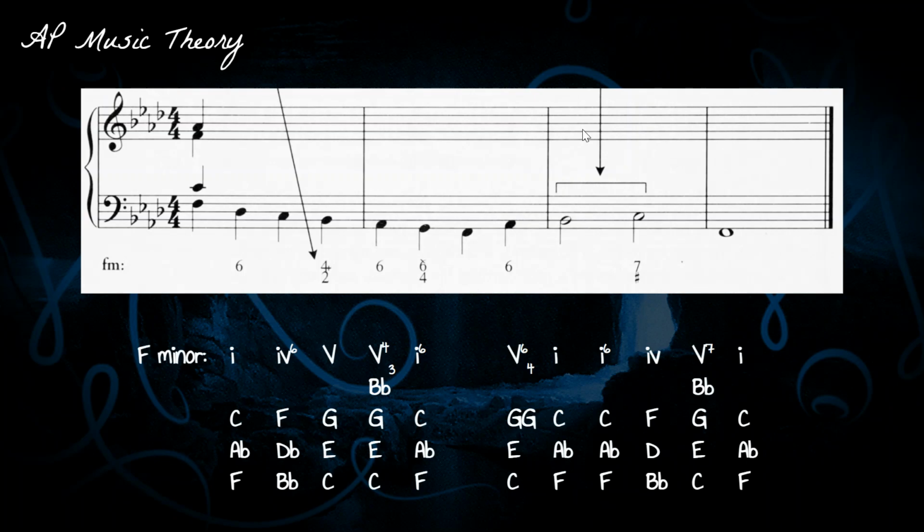Notice the stepwise descending bass line. We have do, la, sol, fa, mi, 1, 6, 5, 4, 3, or tonic, first inversion subdominant, dominant. We have the third inversion dominant seventh and the first inversion tonic created in the progression in measure 1.